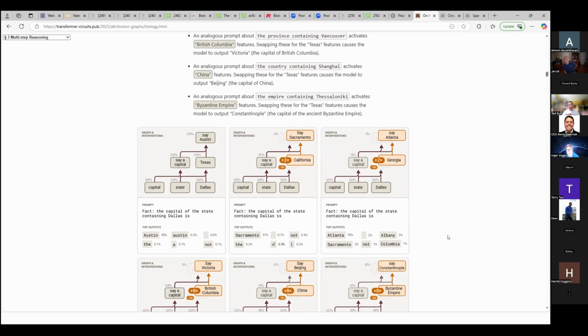And I went from 98% Austin to 97% Sacramento. The graph for calculating the next token might not be exactly this graph here on the left, but it's got to be true that this Texas business, that these features we found are highly, highly, highly influential in the next token prediction.